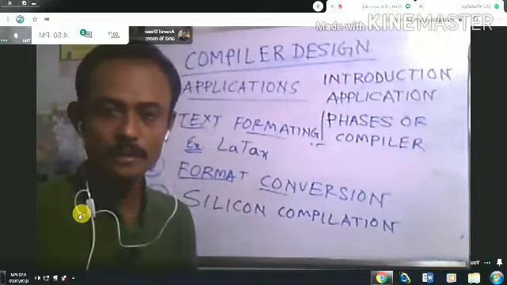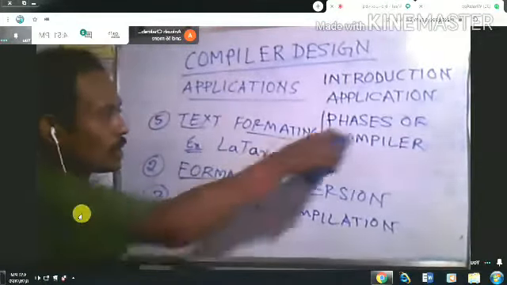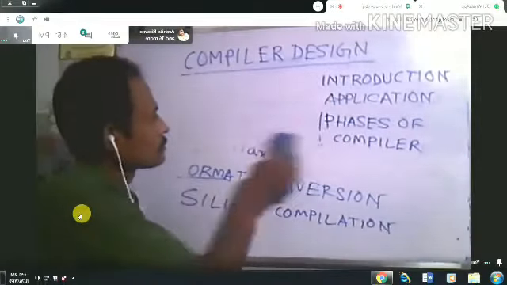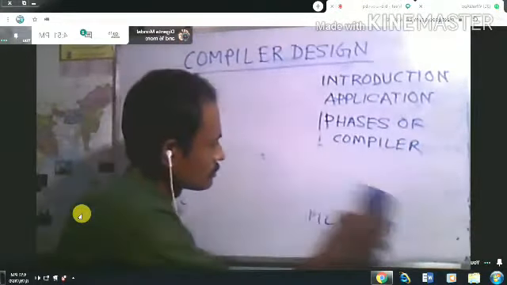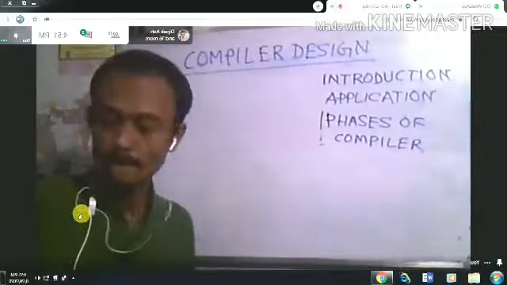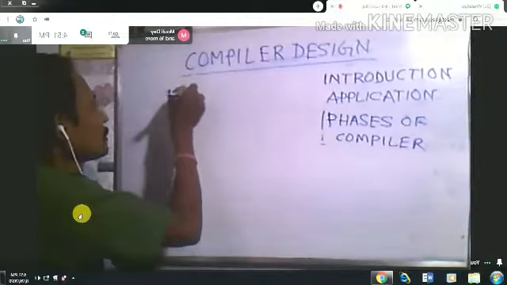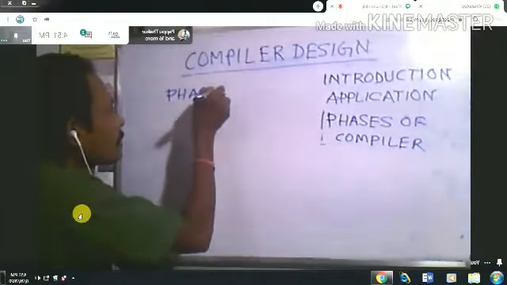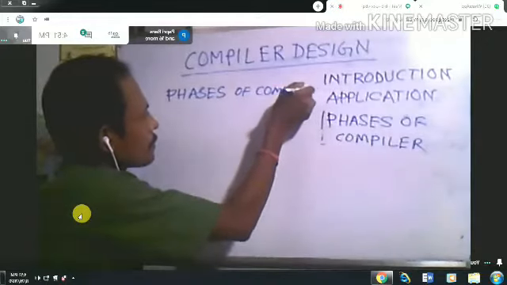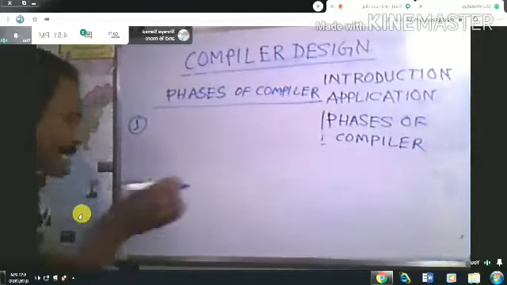So let's see what the different phases of a compiler are. The first phase of compiler design is called lexical analysis.